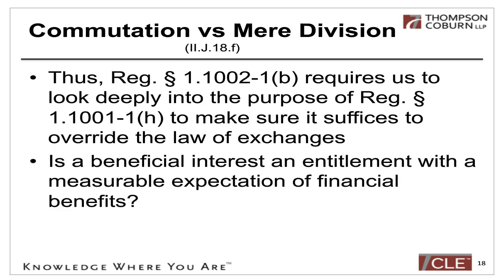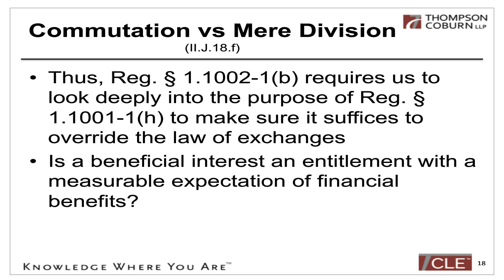That means that when we look into this conflict between 1.1001-1(h) protecting trust divisions and the law on commutation, we have to make sure that whatever we're doing is clearly within the rules, the whole spirit and everything of the rule protecting trust divisions.